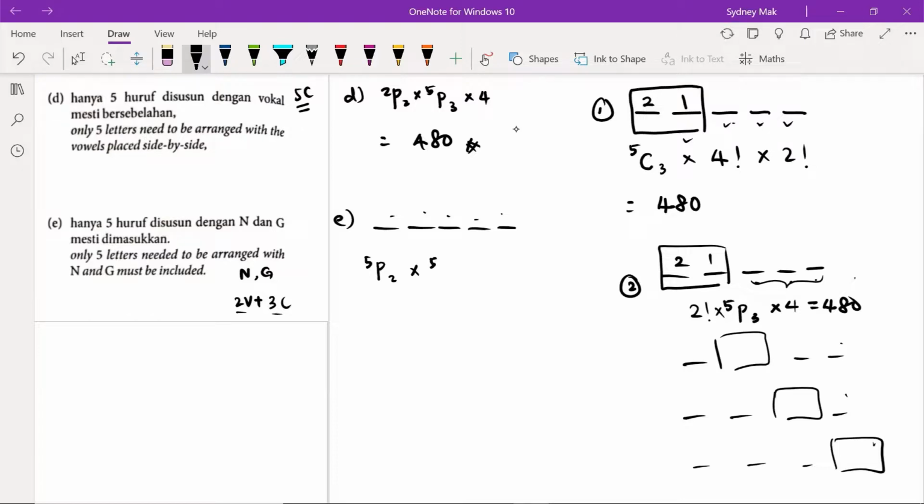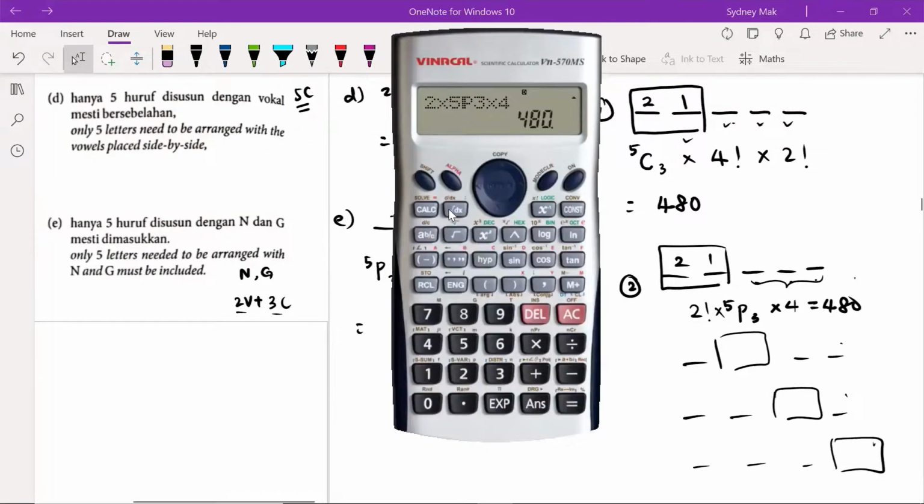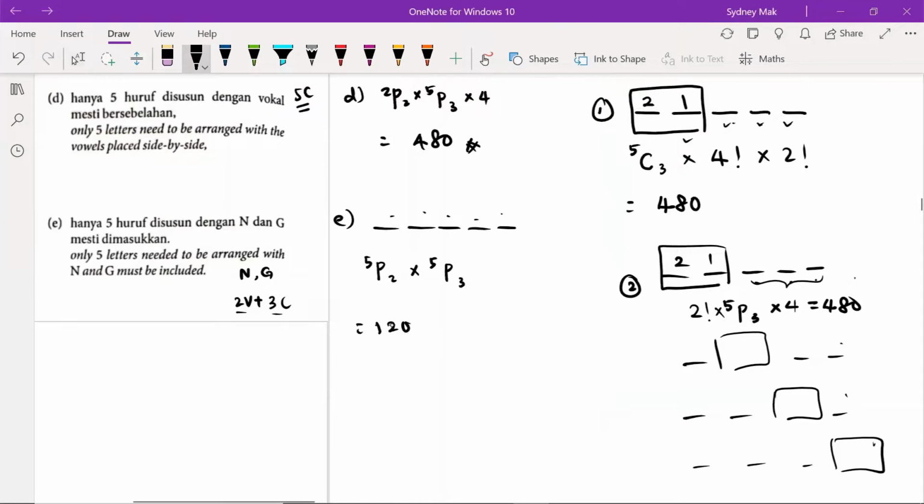So out of these 5, we just permute any of the 3. So 5P2 times 5P3. We got the answer 1,200.